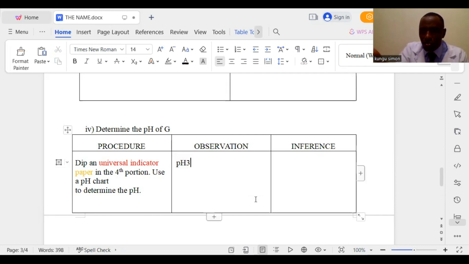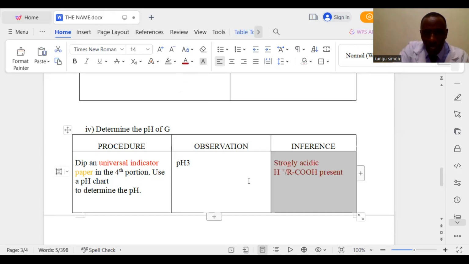From 4 to 6, that is a weak acid. So what are we expected to put across here? Number one, we can tell the strength of the acid. How are we going to put it? Strongly acidic.